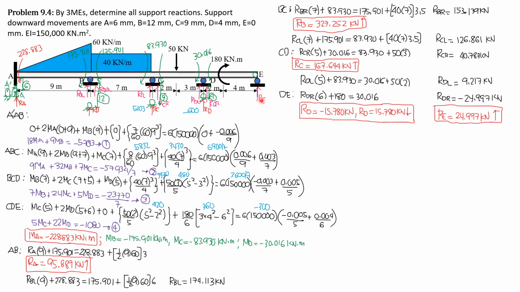And finally, summation moment about D equals 0, RE times 6 plus 30.016 equals 180, and you'll get 24.997 kilonewtons. Or simply summation forces Y, because there's no other load except this couple, so it is opposite to 24.997 downward or negative, so it is 24.997 upward.